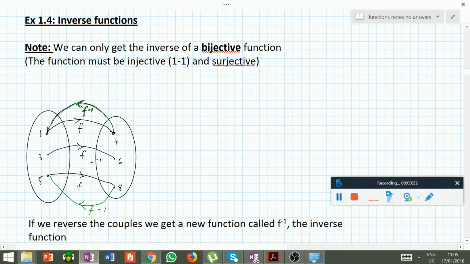If we reverse the couples of a function, we get what's called an inverse function. So if f maps 1 onto 4, then the inverse function, which we call f minus 1, maps 4 onto 1. So it maps the output back onto the input.